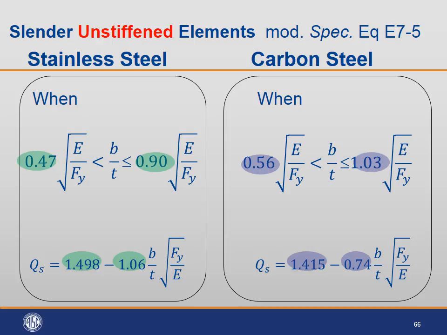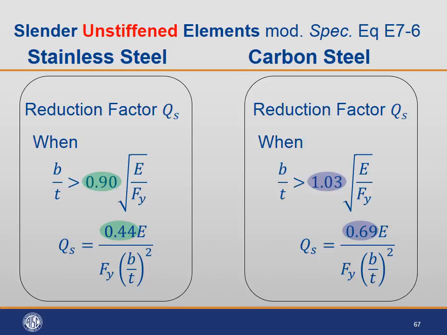So that was equation E7-4, this is E7-5, and likewise E7-6. So these are all expressions where the coefficients have been modified in order to calculate the Qs factor.